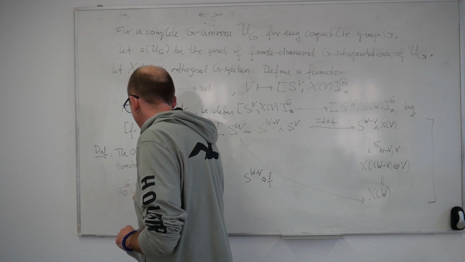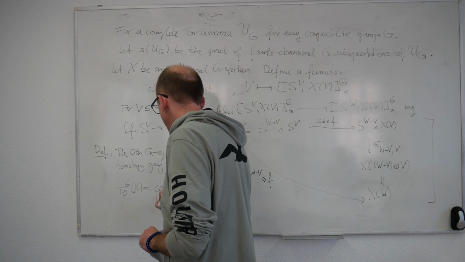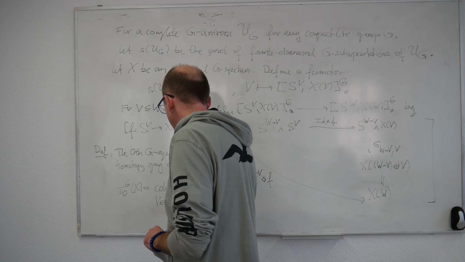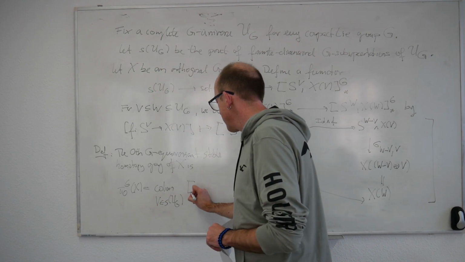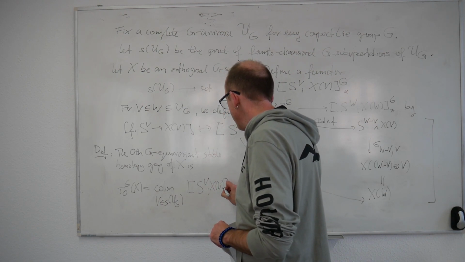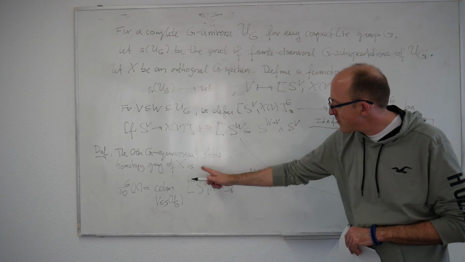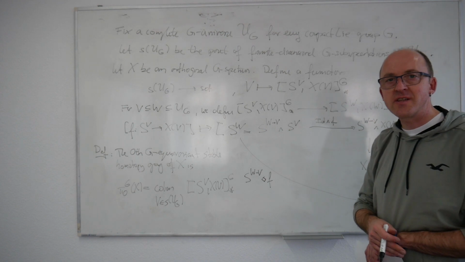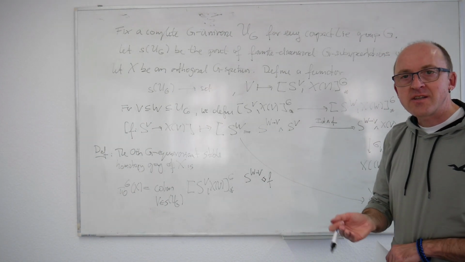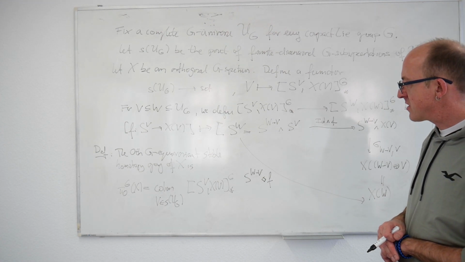Pi 0 G-equivariant of X is the colimit over the poset of this functor that I've just introduced, the X of V, g star. So slightly informally speaking, I'm taking the colimit of these sets over all representations, just that this slightly imprecise thing over all representations is made precise by this poset.